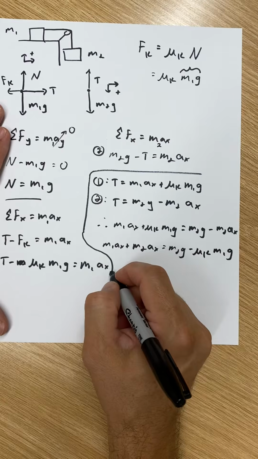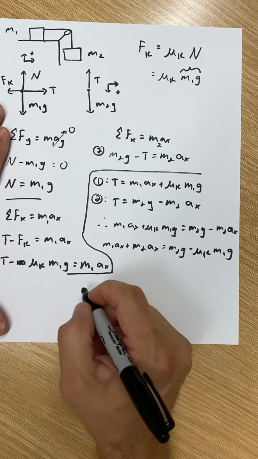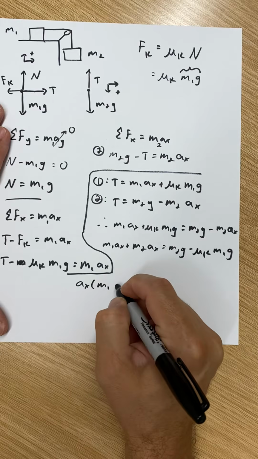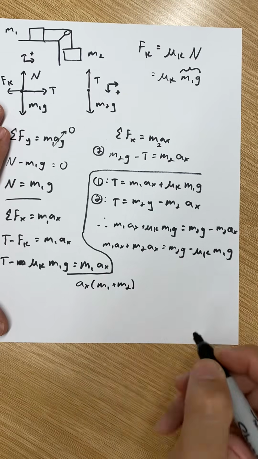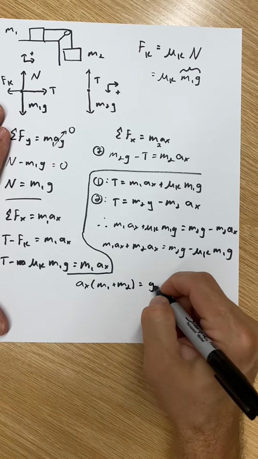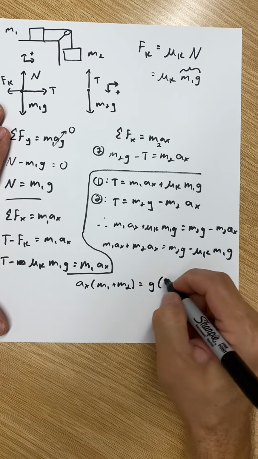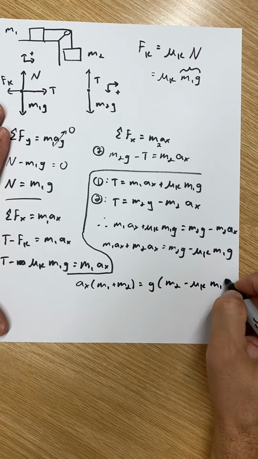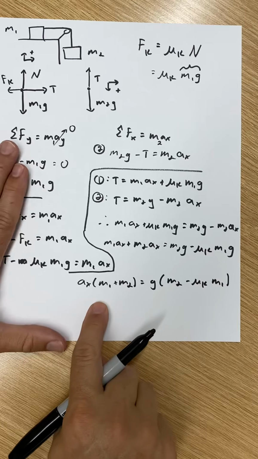I'll move down here where I have more room and do some factoring. I get ax times this additive term, m1 plus m2. I will factor out a g here, equals g times m2 minus mu k m1. Now I can solve for the acceleration.